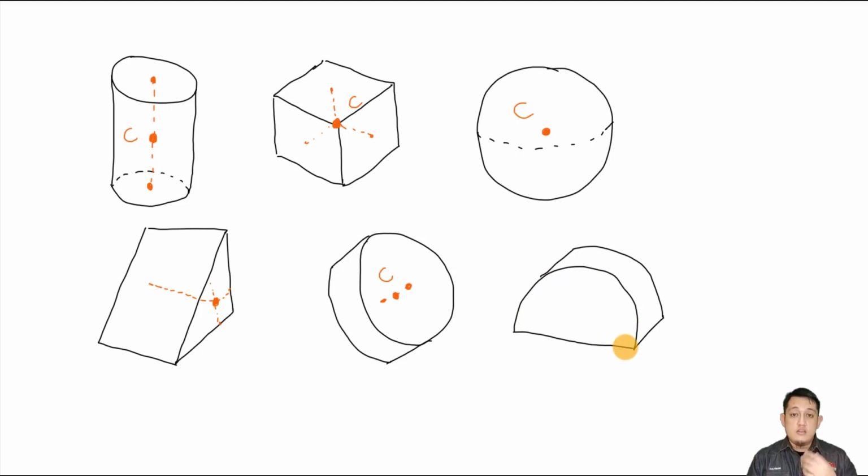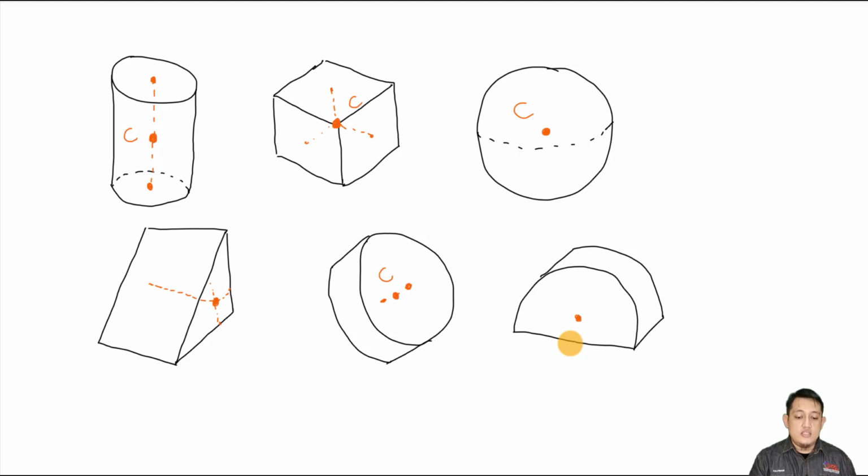If we refer back to our previous lecture, for the semicircle, the location of the centroid is at the center here, and from here it is 4r over 3 pi. The distance from here to here is 4r over 3 pi. Please refer back to our previous lecture.